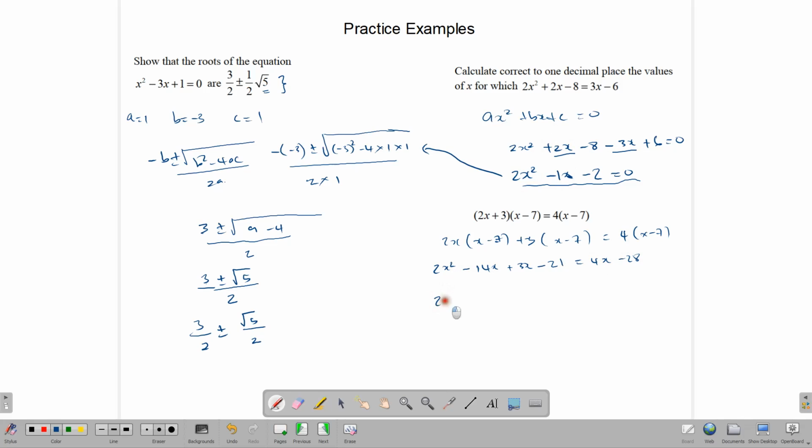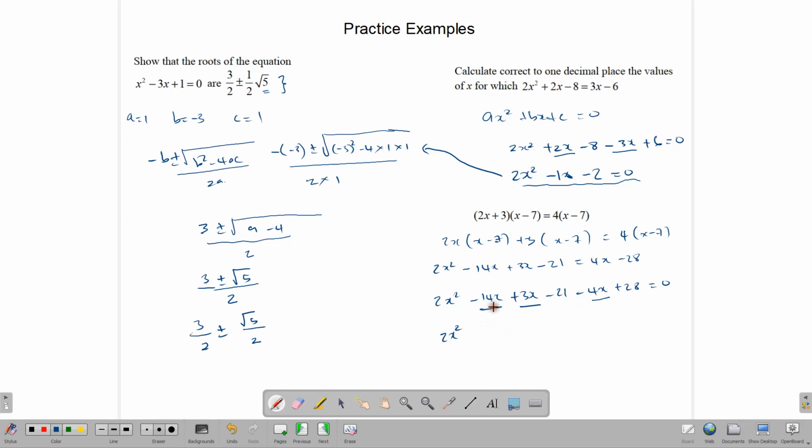So we have 2x squared minus 14x plus 3x minus 21 minus 4x plus 28 equal 0. Now we can write our terms. 2x squared, this term, all the x terms together, is saying minus 14 plus 3 minus 4.